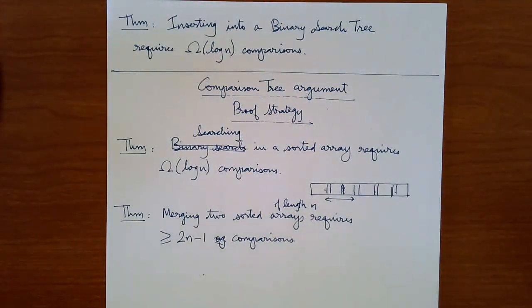For search, is it okay just to say you're trying to discover something that has n possibilities, so there's log n bits of information and each comparison gives you 1 bit? Exactly. I mean, it's the same thing. Yeah, precisely. Is that a proof? I mean, essentially, it's a proof if you know information theory.